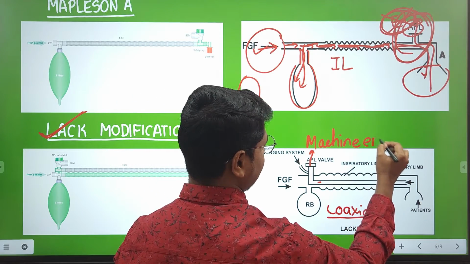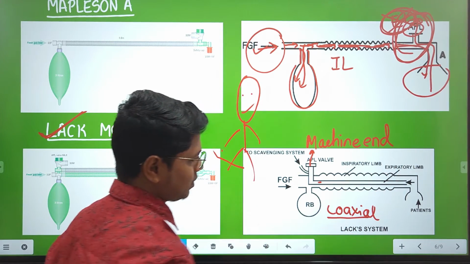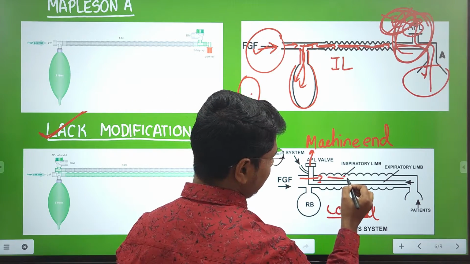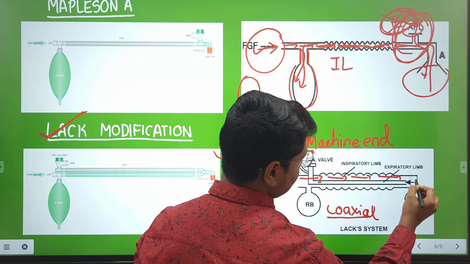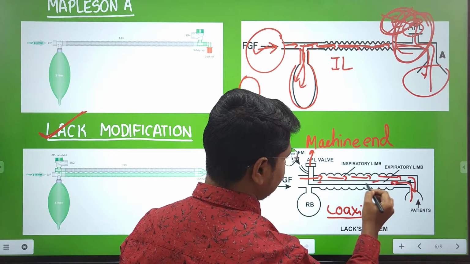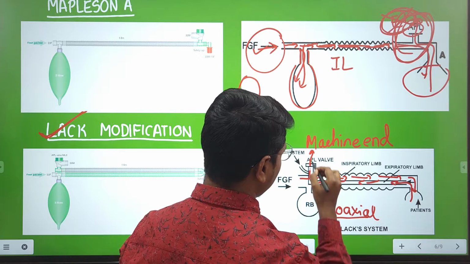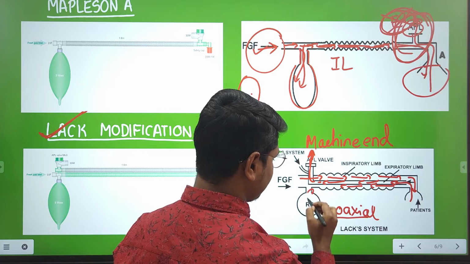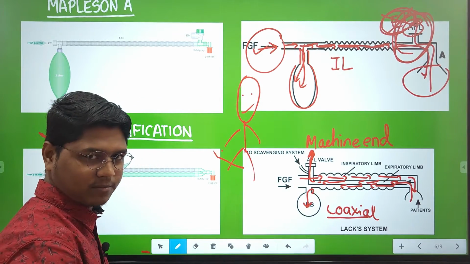So now what will happen? Through the outer tube, the fresh gas will go towards the patient. When the patient will exhale, through this inner tube, the gas will go out. Some will also enter the outer tube and come to the rebreathing bag.